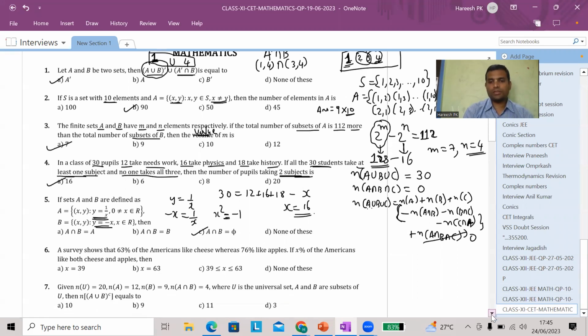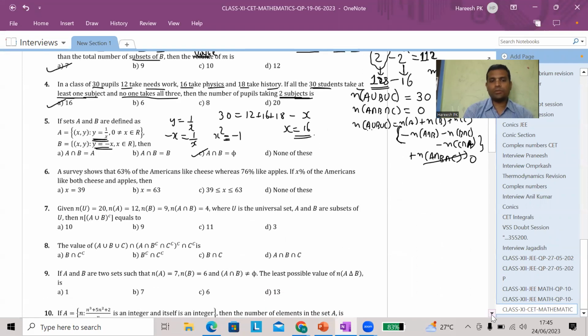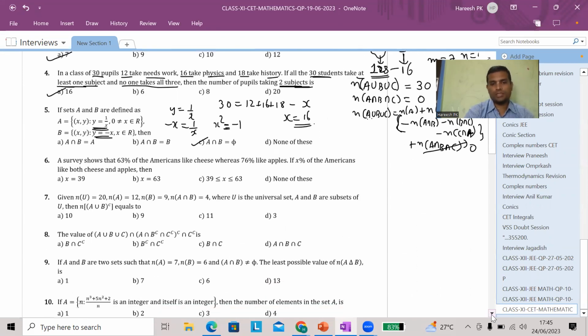So the next question is actually one of the previous year JEE questions. They are saying a survey shows 63% of Americans like cheese and 76% like apples. And if X% like both, what is the condition for X?